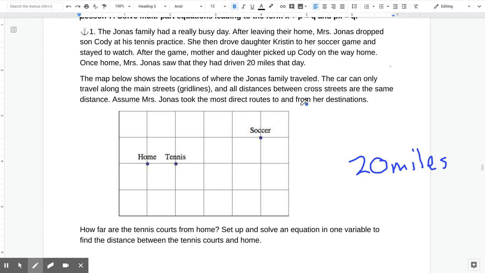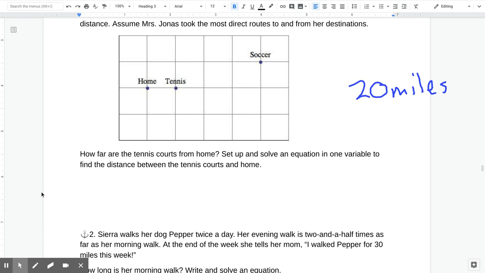All right, so as I scroll down here to give myself a little more room, I see that 20 miles can be drawn on the grid this way. So here my blue is going to be the distance going out.